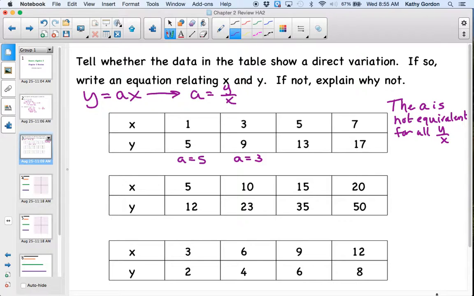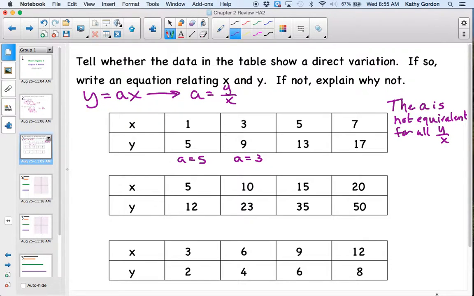So that is why it's not a direct variation, because your constant of variation is not constant. So that pairing or table, it's still a linear equation, but it just doesn't show the variation. Correct. Yep. And in most cases, that was the problem, that your description was describing a line, but not a direct variation line.